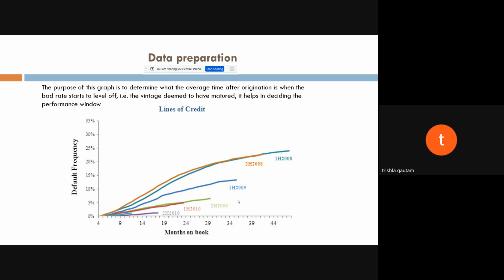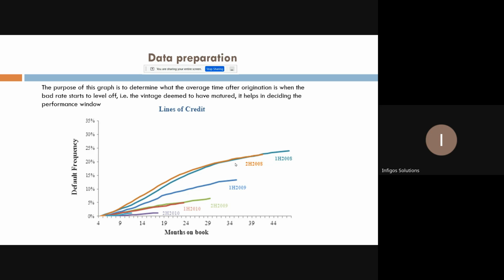No, sir. Okay. But here, one challenge will come. Let's say you will first fix the bad, or you'll fix the performance window. That's the question: whether you fix the bad first or you fix the performance window. The bad definition will be there first.